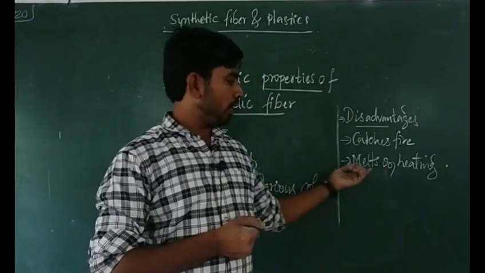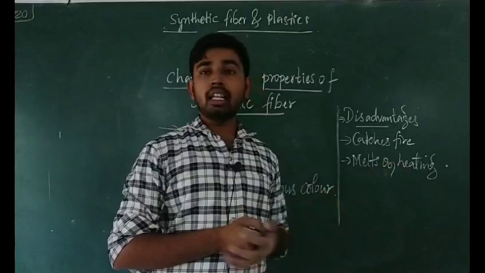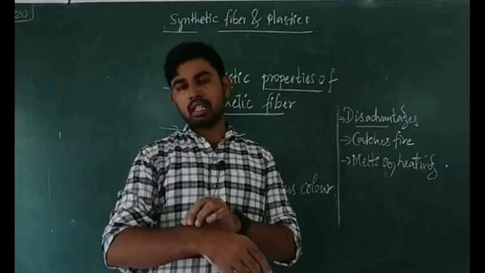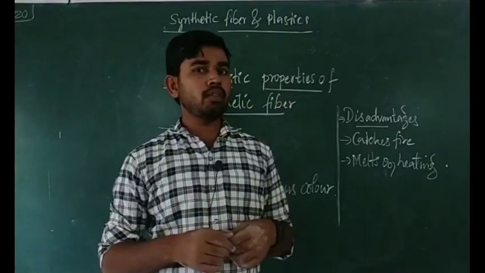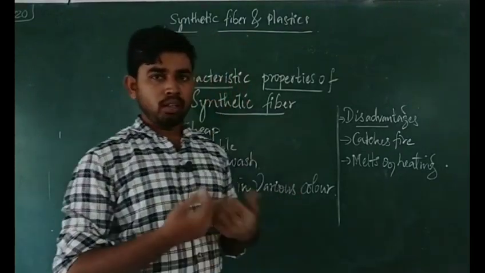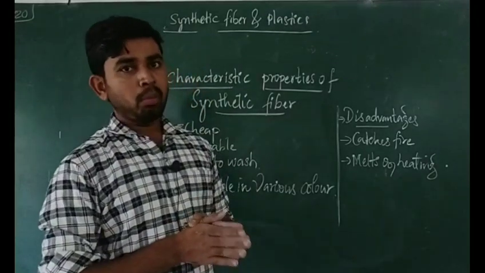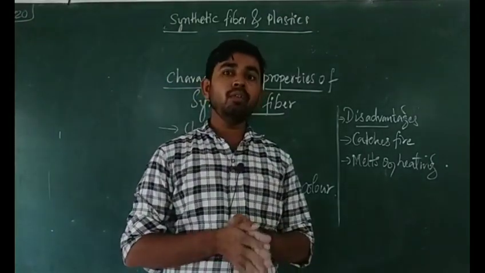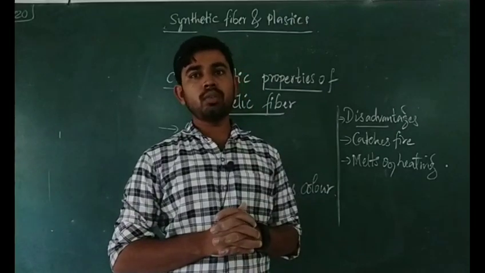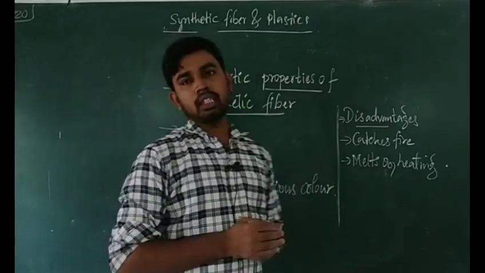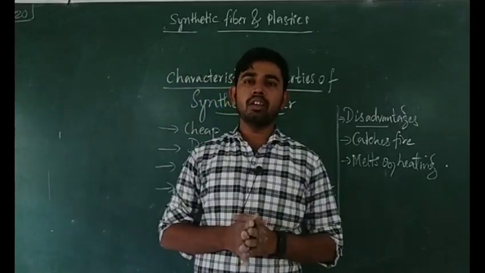When they catch fire, they will melt and there is a chance of sticking onto our skin, so it cannot leave our skin. Once it catches fire, definitely it will be harmful to our body. Hence we should not wear polyester clothes, especially when we are working in the kitchen or near the fire. These are the disadvantages of synthetic fiber.